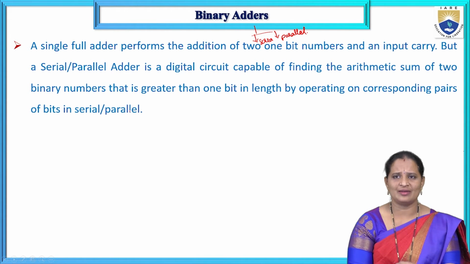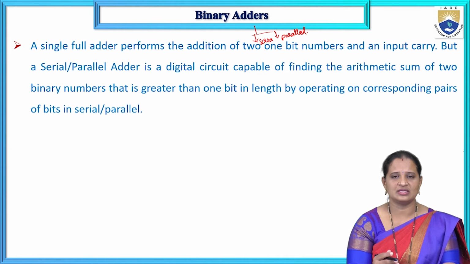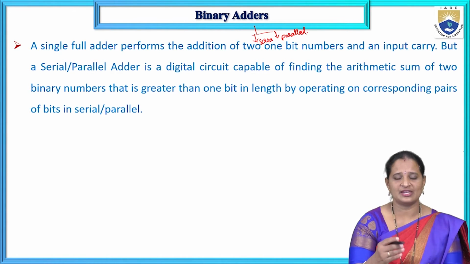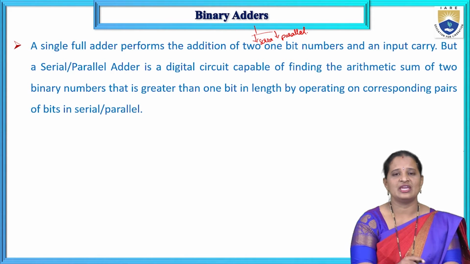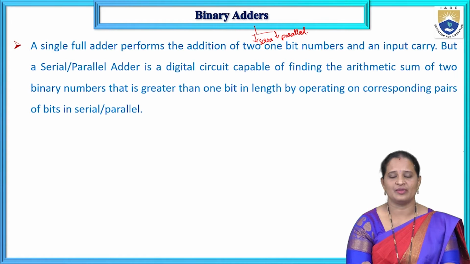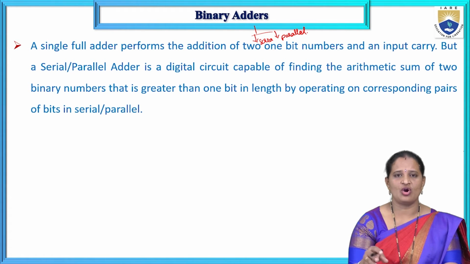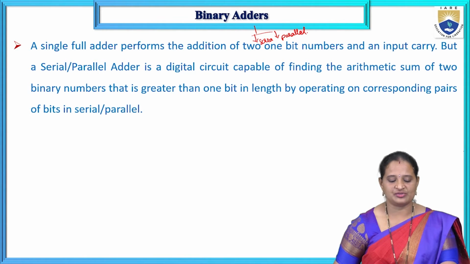So what is serial and parallel? Serial means performing the addition of bits serially, bit by bit. That means adding two numbers bit by bit in serial fashion is known as serial addition. If all the bits are added at a time, that addition is called parallel addition.